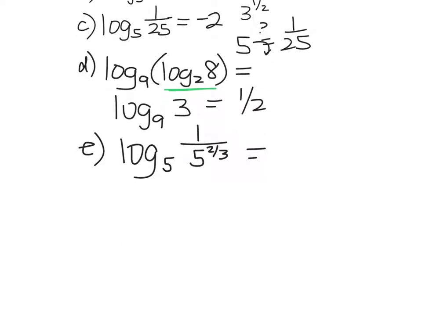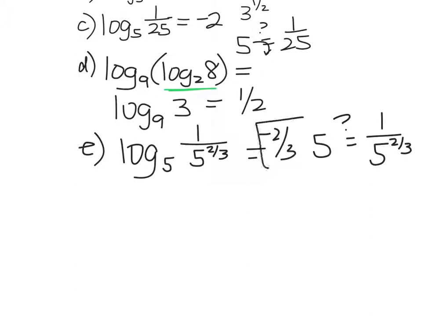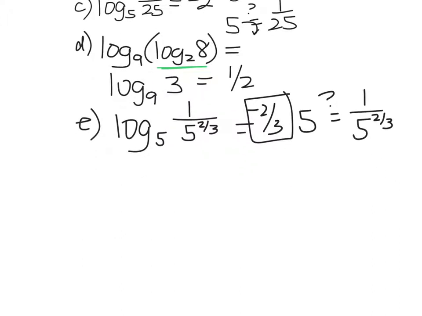Anyone know what the answer is? -2 over 3. Okay, how do we get that? 5 to the what gives me 1 over 5 to the 2/3? What's going to make this 5 go down to 2/3? How about -2 over 3? Perfect. I know, they're kind of tricky.